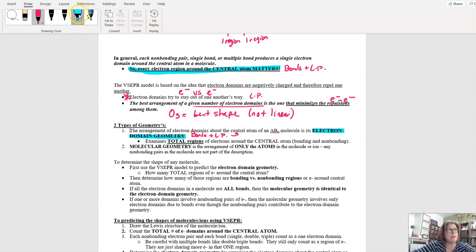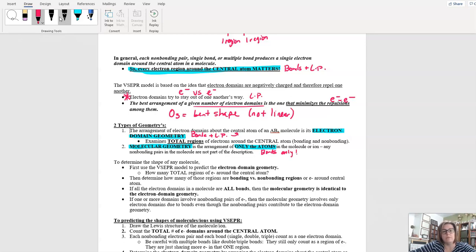But molecular geometry is only looking at one part of the central atom. It's the arrangement of only the atoms in the molecule or ion. Any non-bonding pairs are not part of the description, so only focusing on the atoms, aka the bonds, and only the bonds.